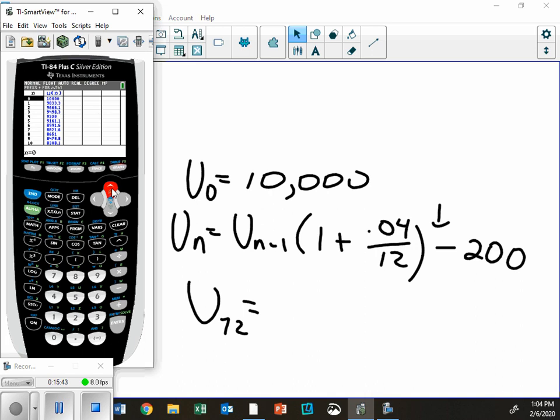Well, U sub 0 is 10,000. That's after 1 month. I just couldn't read it. I apologize, it is a little lower than 10,000. But I paid 200. How come it's 9,833? If I paid off 200, shouldn't it be 9,800? Because of interest.